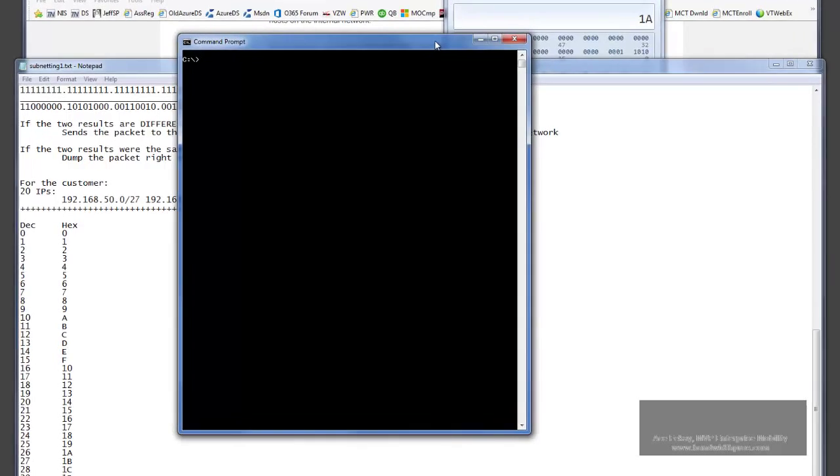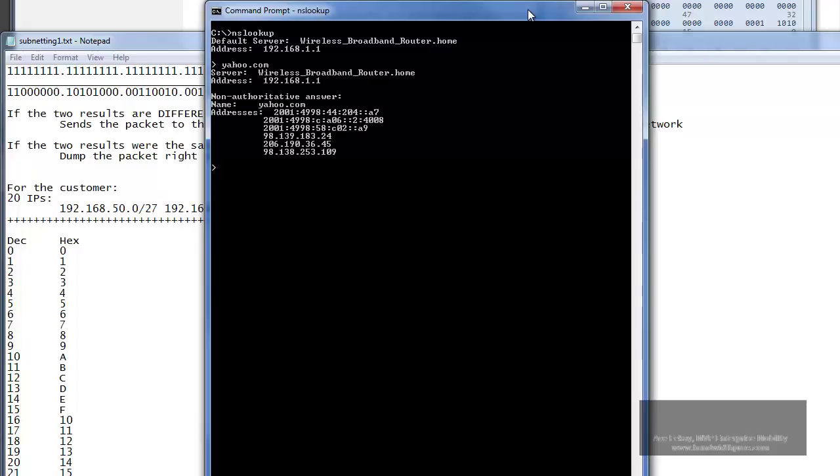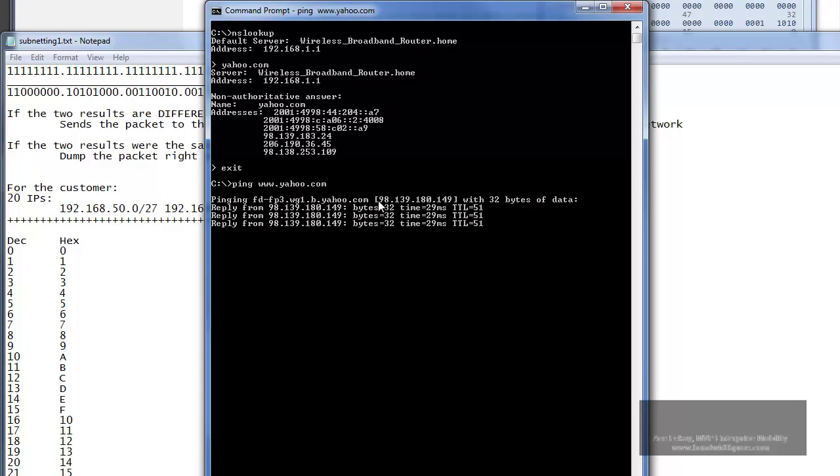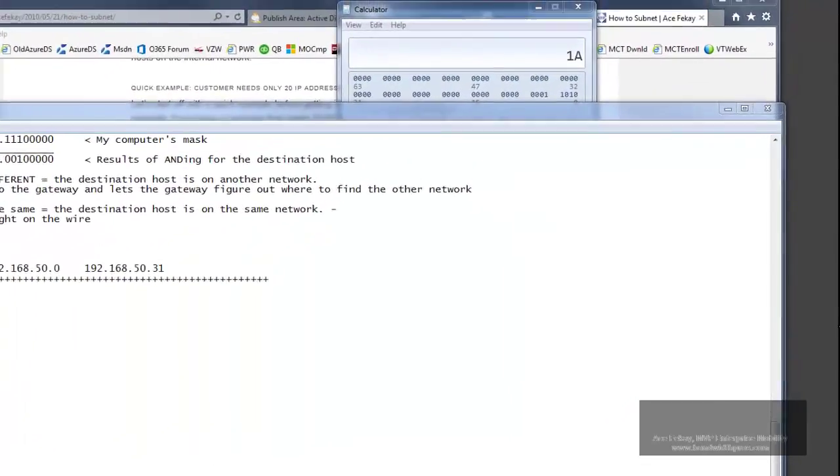You'll see why I'm doing this. I'm going to say NSLOOKUP yahoo.com. You know what? I didn't want to do that. Let me get out of there. I want to say ping www.yahoo.com. I want to get this IP right here. You'll see in a minute.